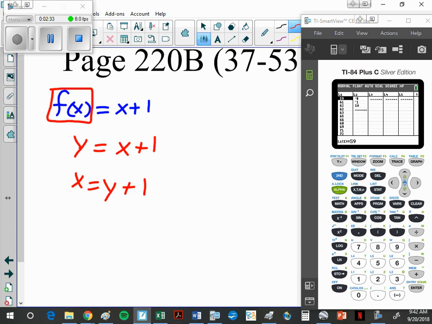How do you graph x equals y plus 1? Well, you've got to solve for y. So I will subtract 1, and I get y is equal to x minus 1. Okay? So my function is x plus 1, and my inverse function is x minus 1. So that was pretty easy.